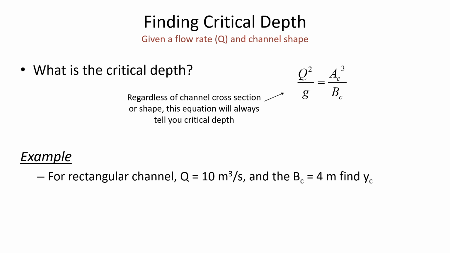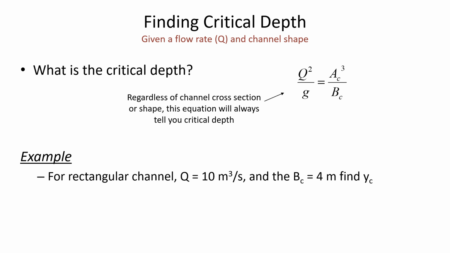So to find the critical depth, we'd have Q squared divided by g equal to A sub c cubed divided by B sub c. That is 10 cubic meters per second squared divided by 9.81 meters per second squared, equal to A c, so 4 times yc cubed, divided by B c, which is 4 meters.